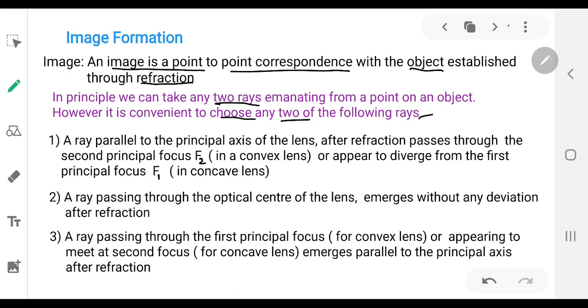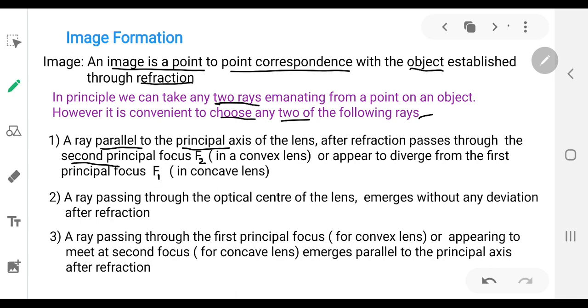The first ray that you can consider for the image formation is the ray parallel to the principal axis of the lens. After refraction, where does it pass through?